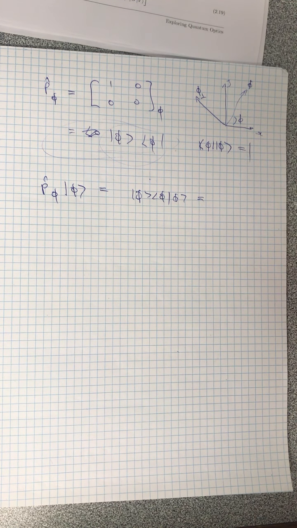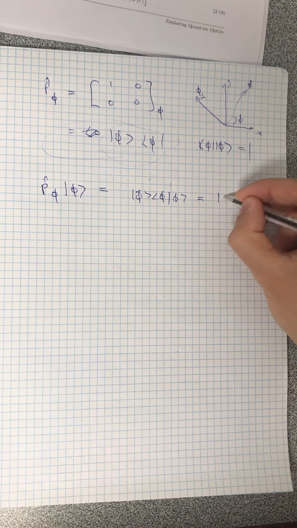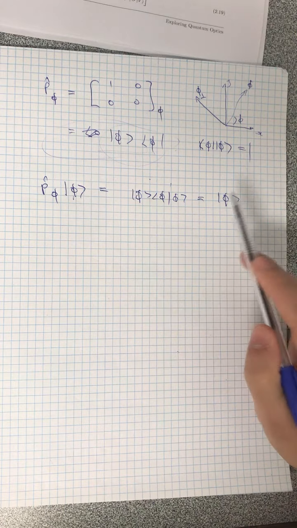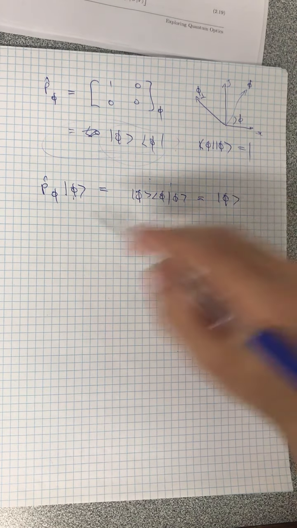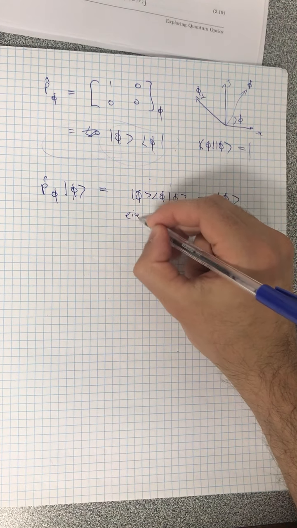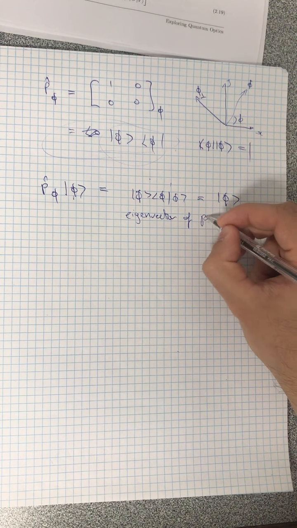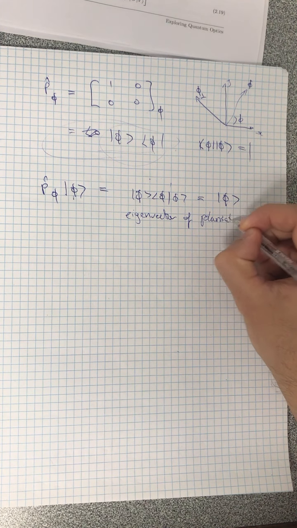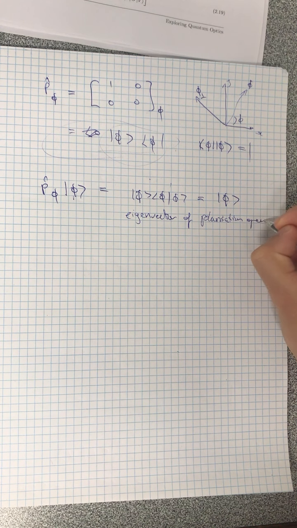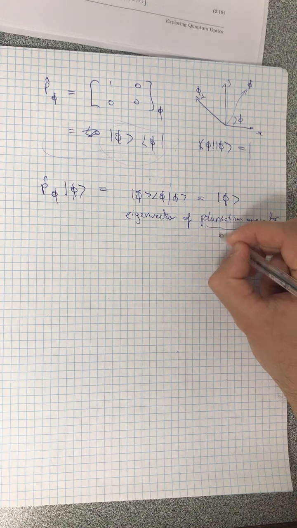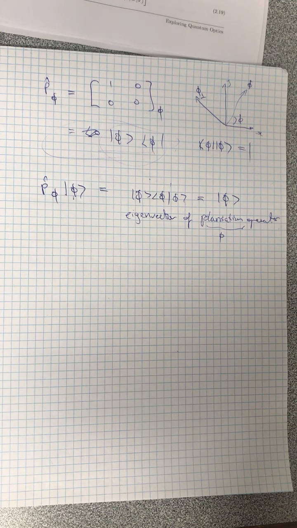I get, this is 1, and I get phi, okay? So it stayed phi. It acted on a state, and it got the same state at the end. That means that this state is an eigenvector of the polarization operator, the phi polarization operator. So phi is its eigenvector.